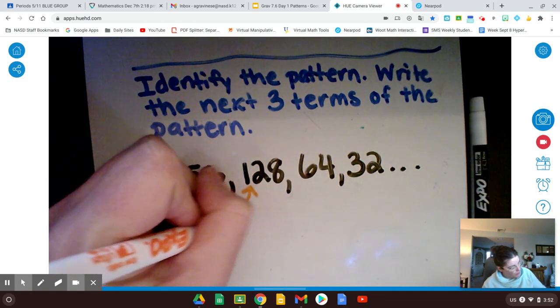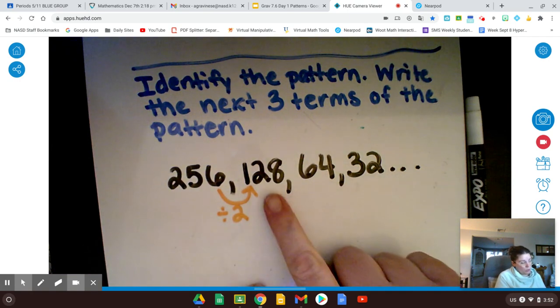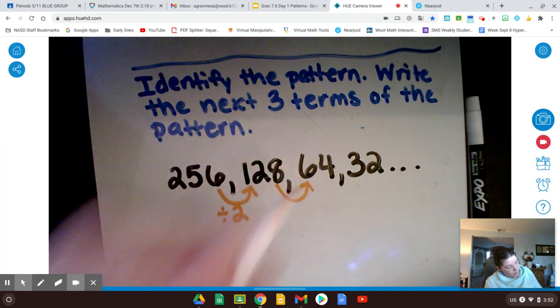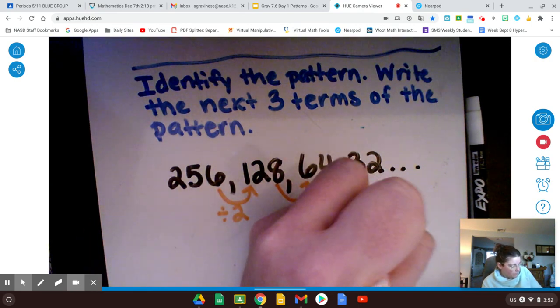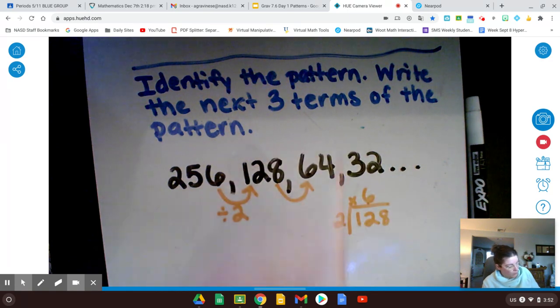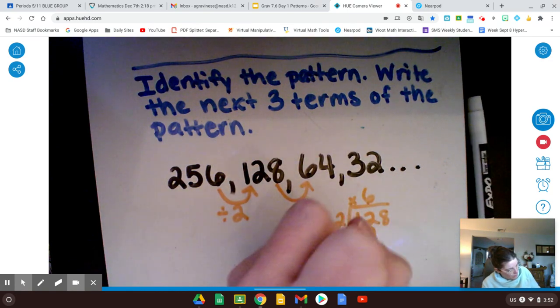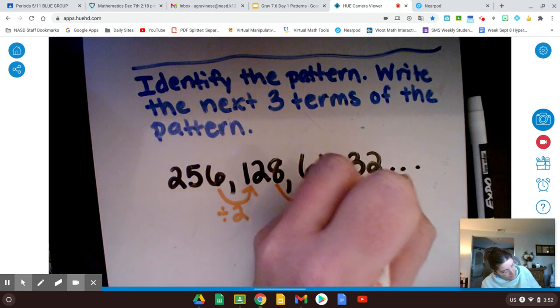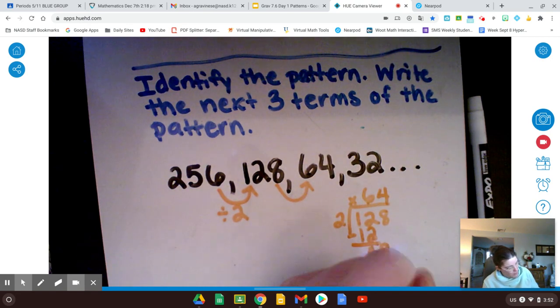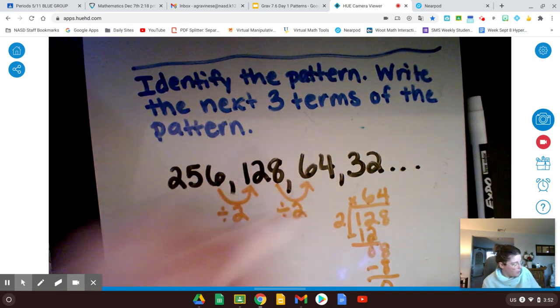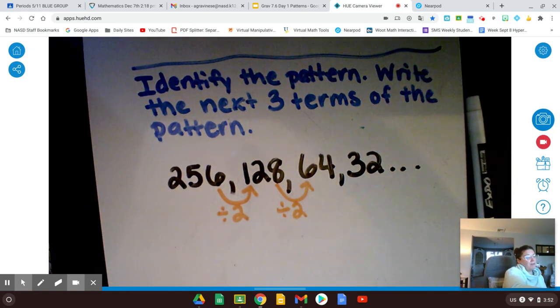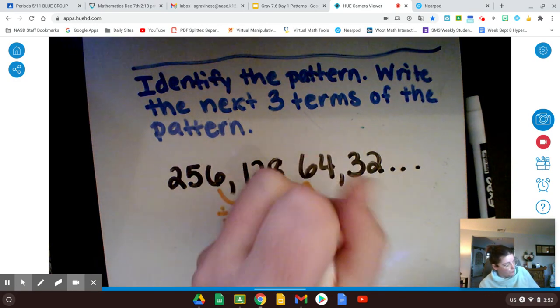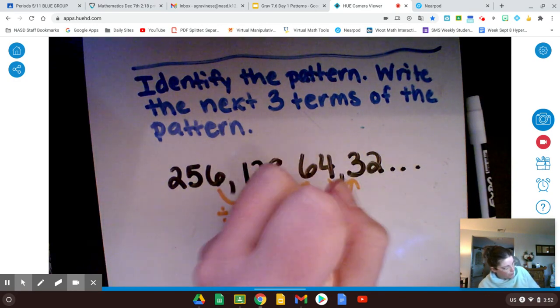So let's check to see if that's the rule. I'm thinking maybe dividing by 2. So is 128 divided by 2 going to give me 64? Let's figure it out. Looks like we're on the right track. Aha, it does. So when I took 128 and divided by 2, I got 64. So I'm thinking that if I divide 64 by 2, I get 32.